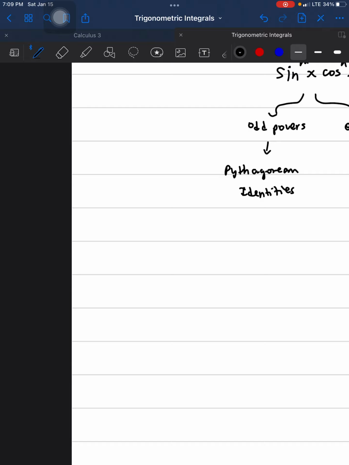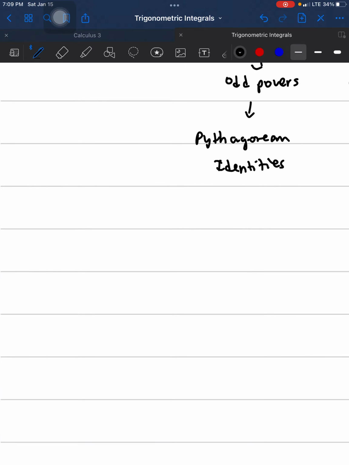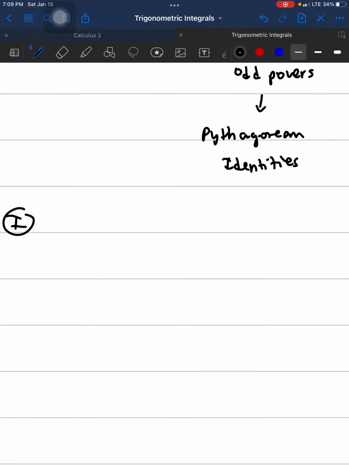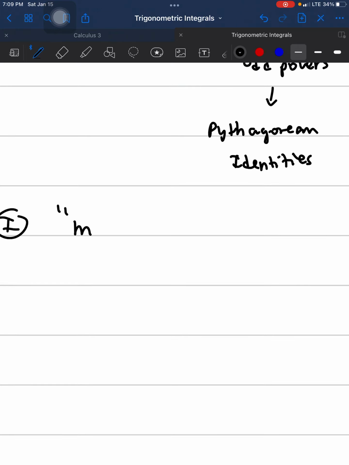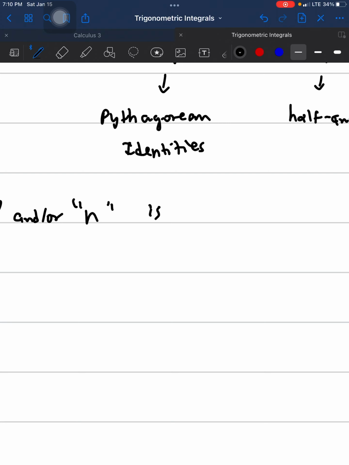So let's look at the odd powers case first. Let's say m and/or n is odd. Both could be odd too.